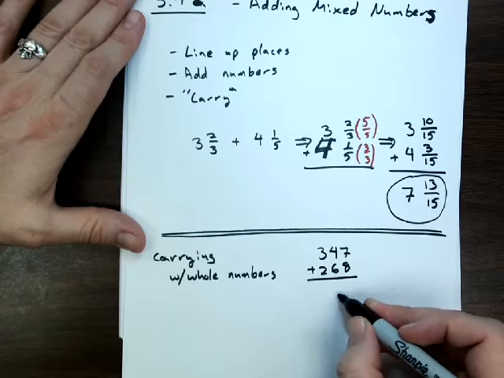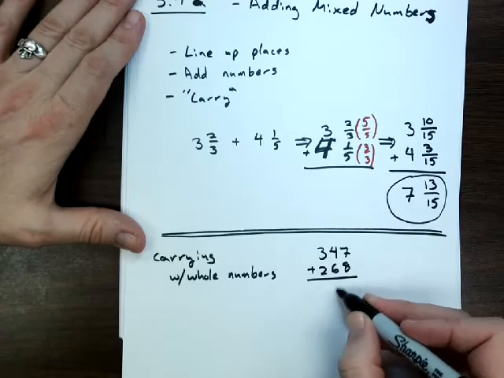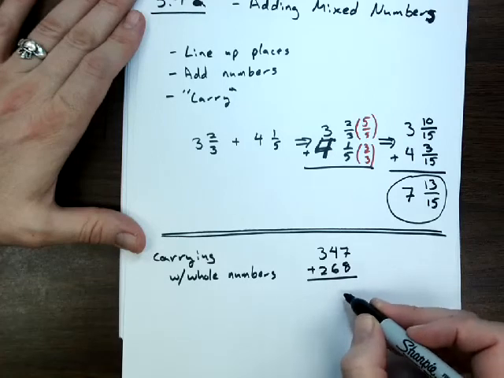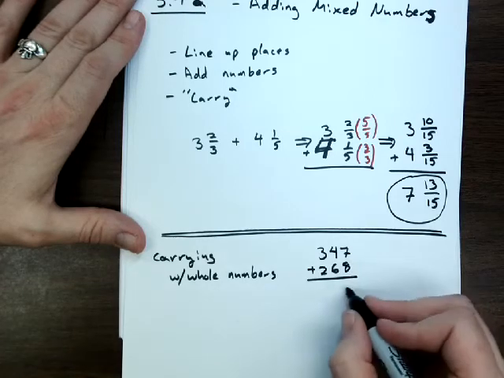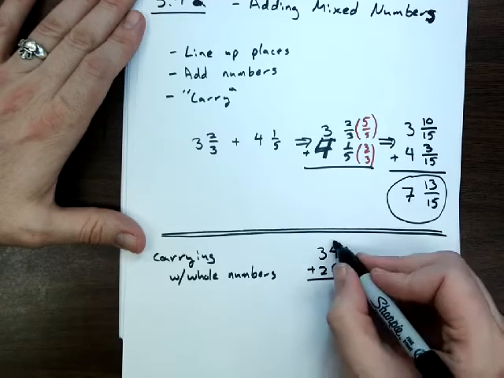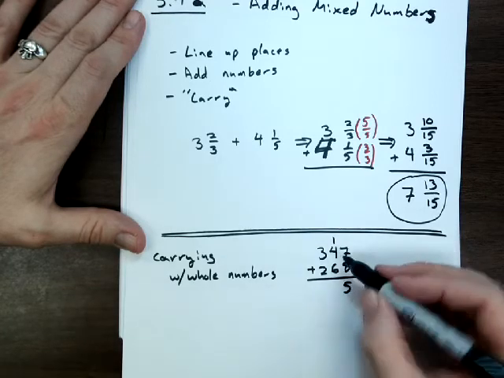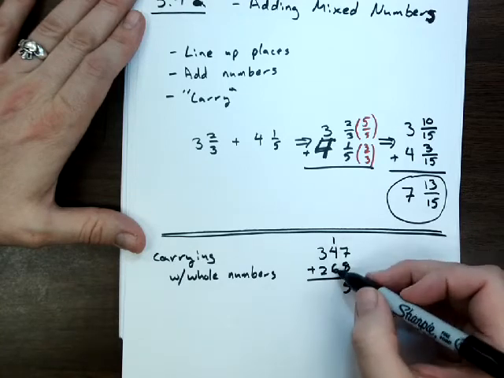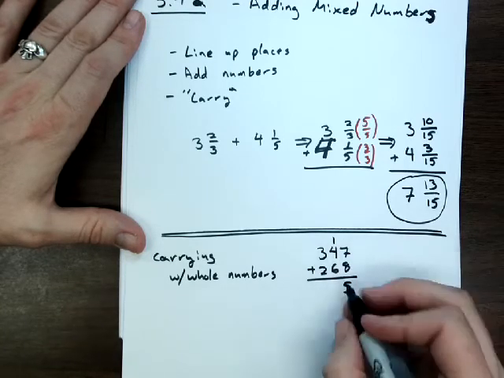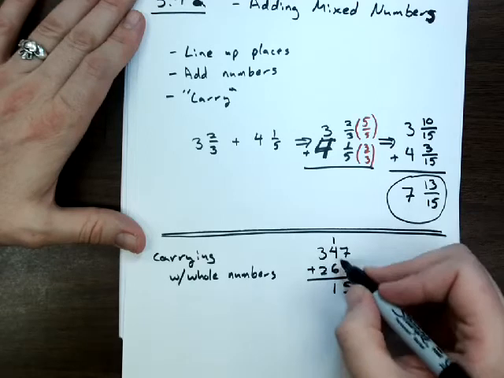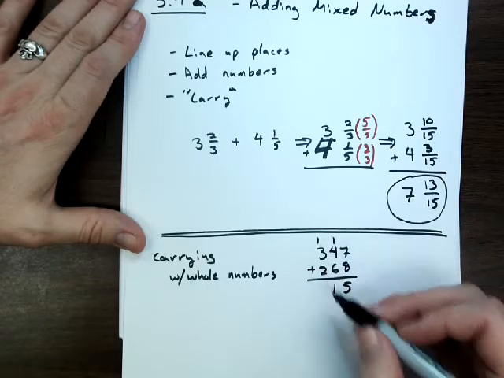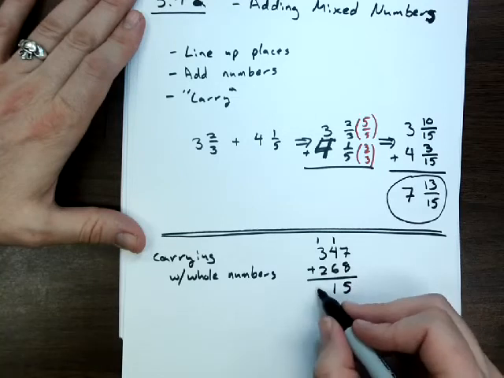This space right here is for the ones. I can only put my ones digit down here. So I'm going to put the ones digit of that and carry my tens up to the next place value. Now I've got 1 ten plus 4 tens plus 6 tens. This is actually going to be 11, or 11 tens. I'm going to put my ones digit of that there and carry my 1 up to the next place. 1 plus 3 is 4, plus 2 is 6.